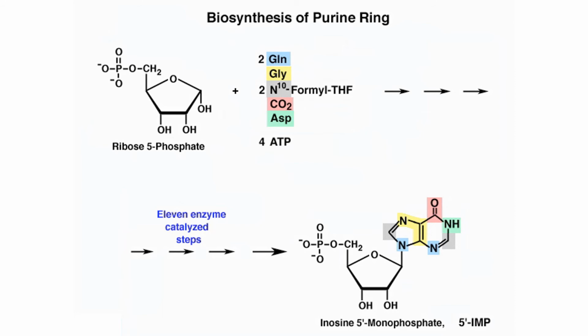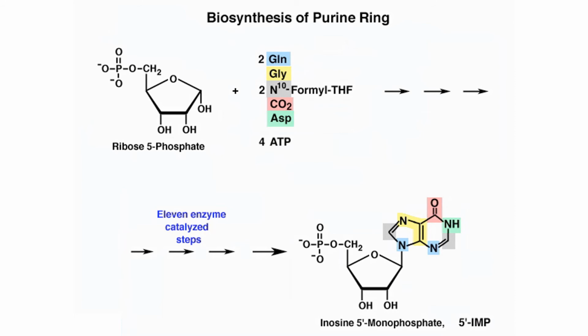So these are the molecules that are added to ribose 5-phosphate. And this occurs in 11 enzyme catalyzed reactions.